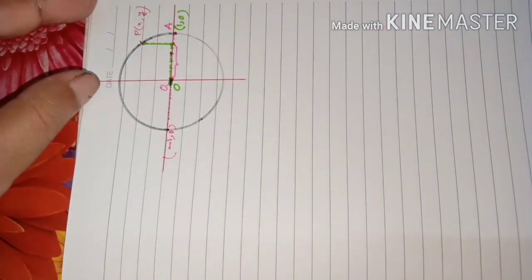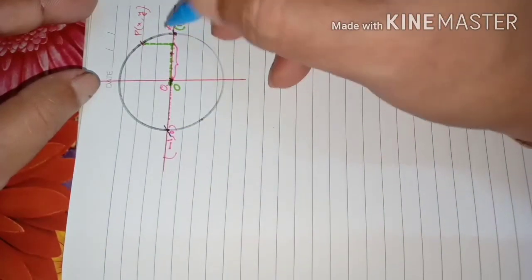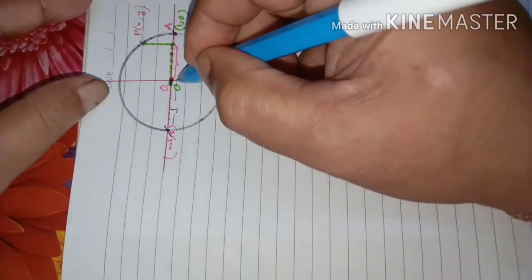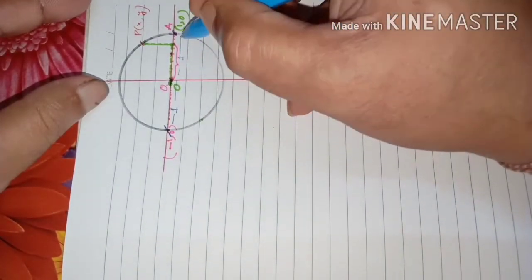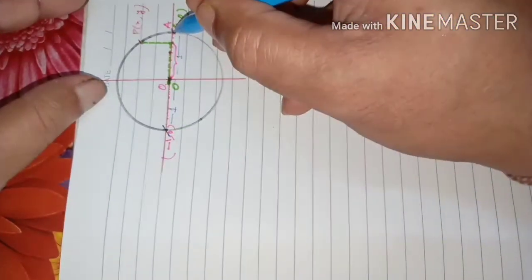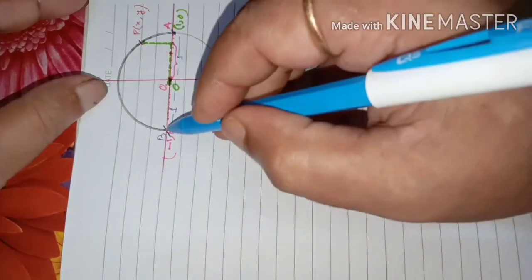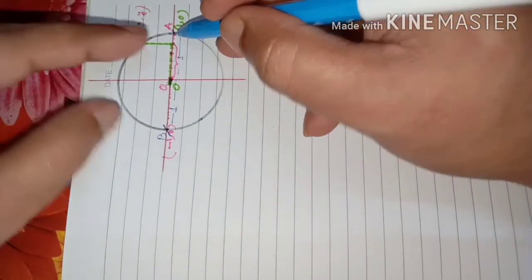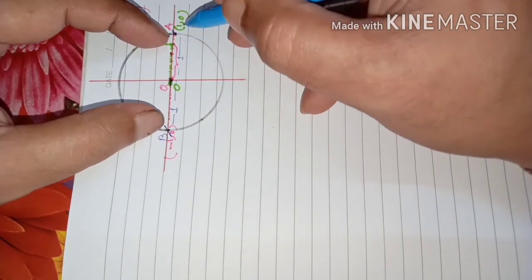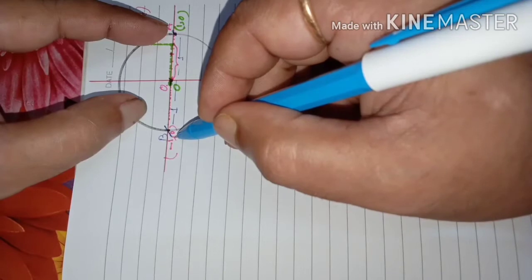Just see, dear students, what I am saying: from here to this point the distance is 1 unit, and here also it is 1 unit. That means all these points lying between this point and this point, say this point is B, the points lying between A and B, are representing numbers lying between 1 and minus 1.